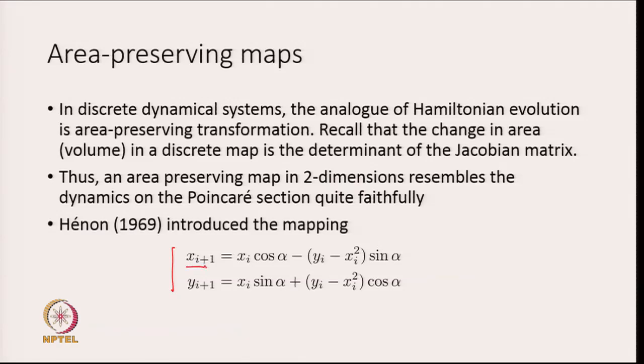So, you have x_i and y_i, and the mapping relates x_i and y_i, namely the value of x and y at the ith point in iteration, to the value at the (i+1)th point in iteration through this particular relationship, and you can easily verify that the Jacobian of the transformation has determinant 1.